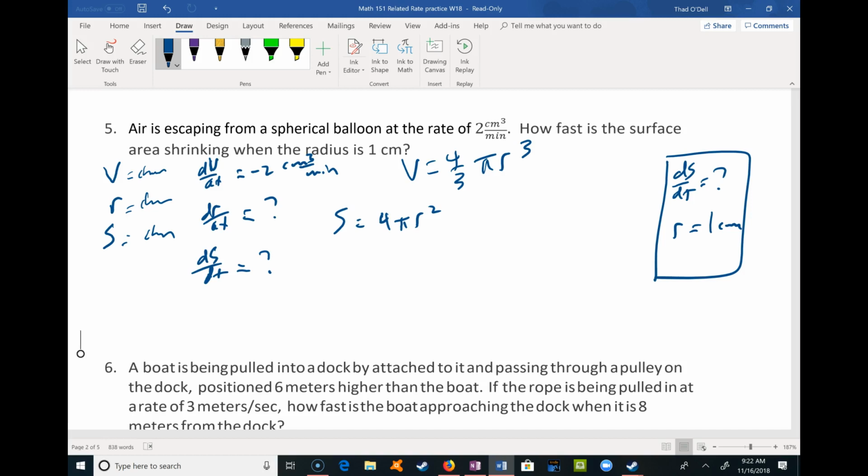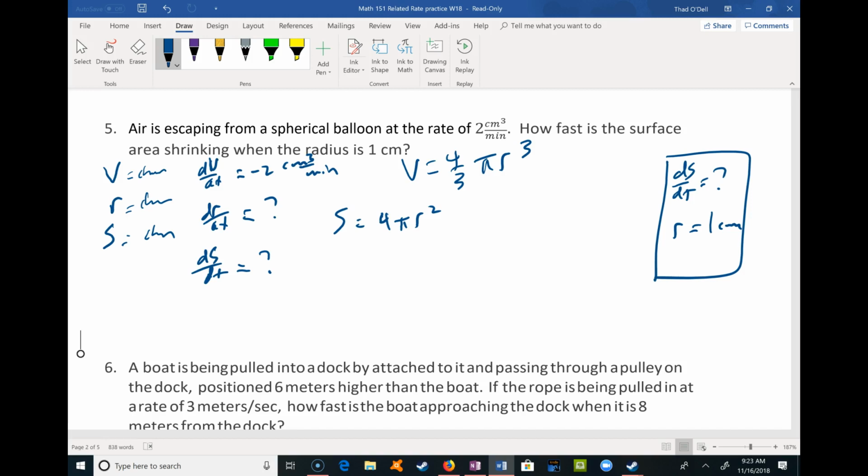We don't care about an initial start. We just want to know the end result, right? We want to know what's happening when the radius is 1. That's what we want, right? Okay?